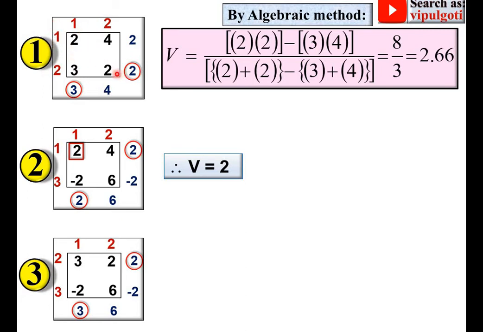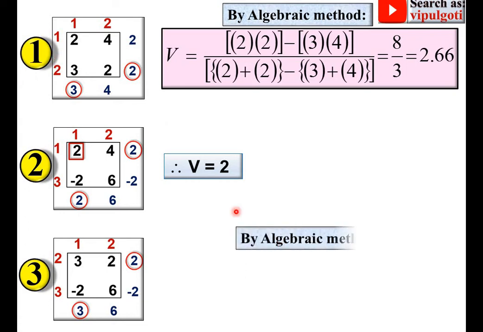So you know very well multiplication of these two minus multiplication of these two whole upon sum of these two minus sum of these two. So if you simplify then you will get value of game as 2.66 for subgame 1.